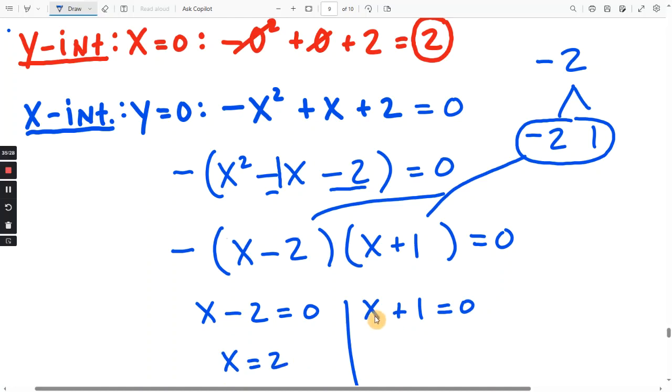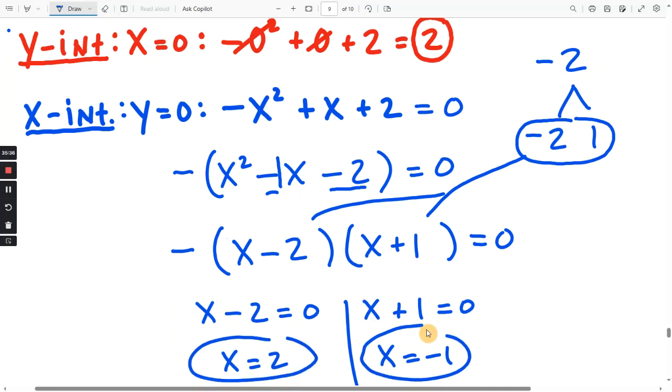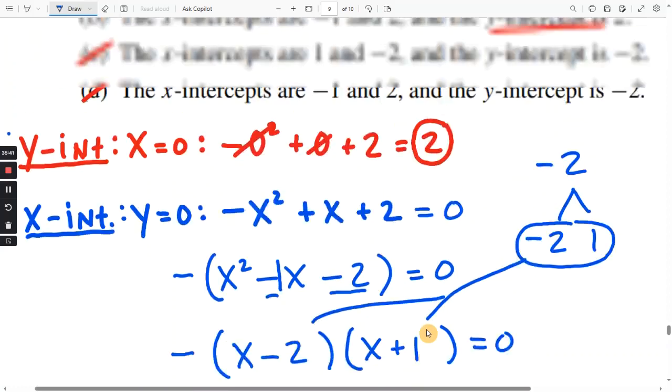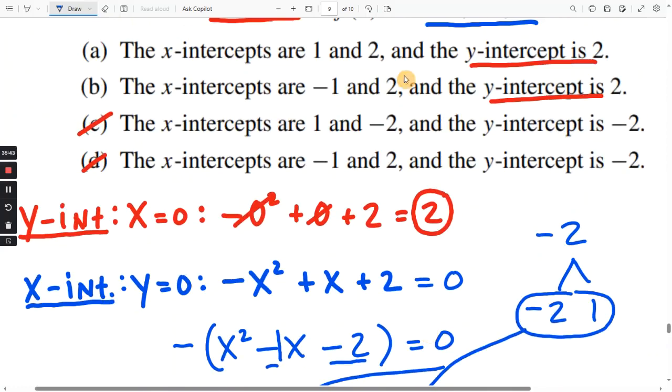Right here, x is -1. So that's it for the x-intercepts: +2 and -1. Answer B.